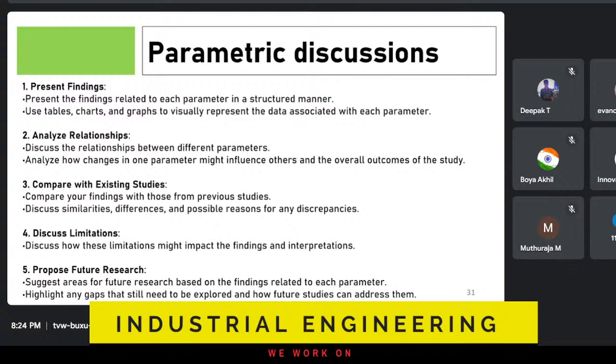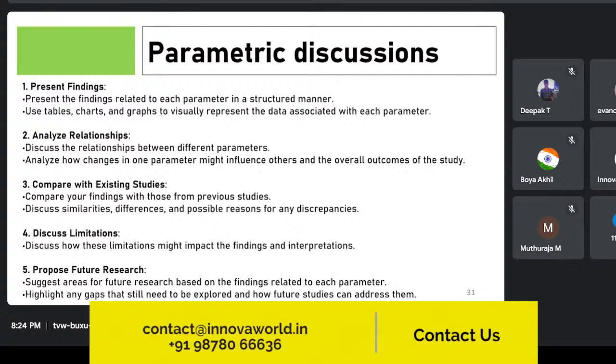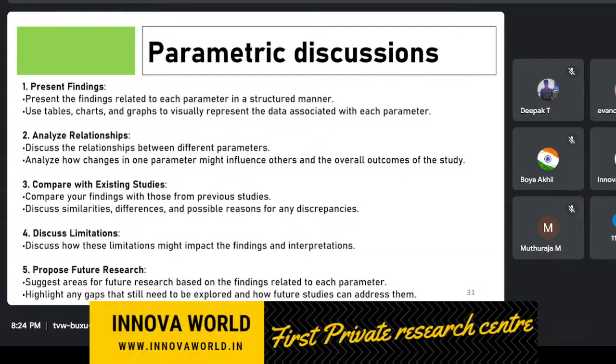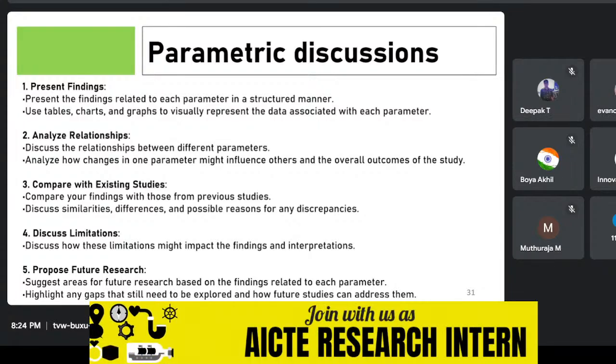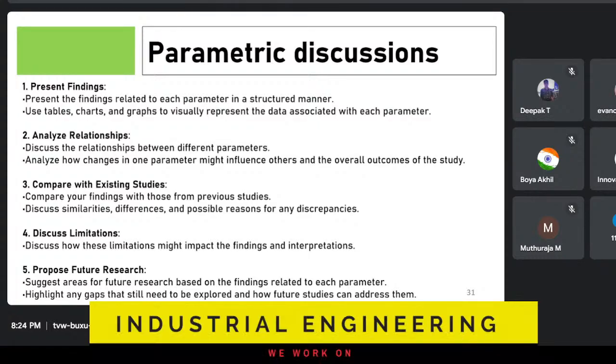Fourth is a discussion about the limitations. Suppose, as you can see in that file, that Topsis gave 67%, whereas Mura gave around 14%, right? You should have the answer why, or what are the limitations, why it is happening like this. You should have the answer for that.